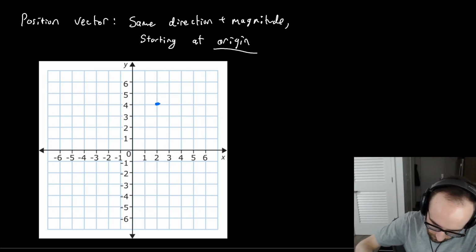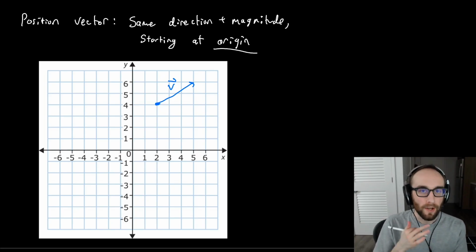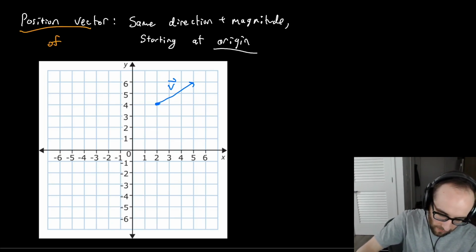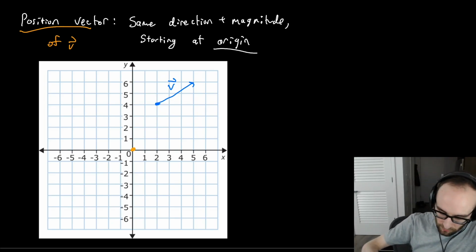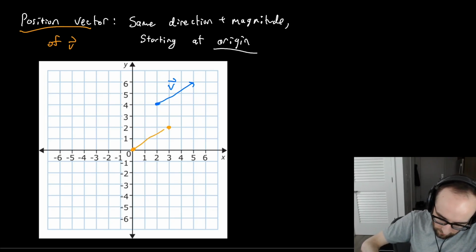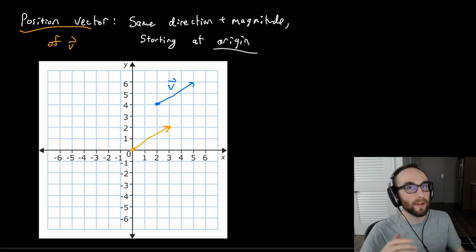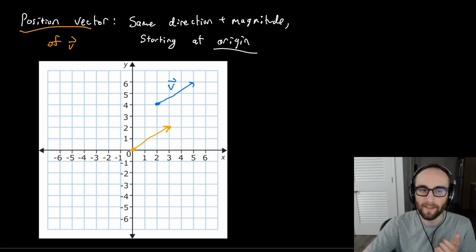Say we have a vector here, call that vector v. As you can see, vector v does not start at the origin. So the position vector of v would be starting at the origin, and then we would have the same exact direction and magnitude. So in this case, right 3 up 2. So the position vector v would be right here. Same exact direction, same magnitude, just starting at the origin, if the original vector doesn't start at the origin. If it does start at the origin, then it's exactly the same.